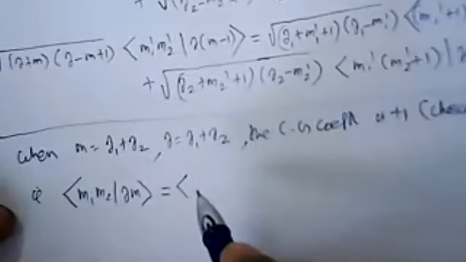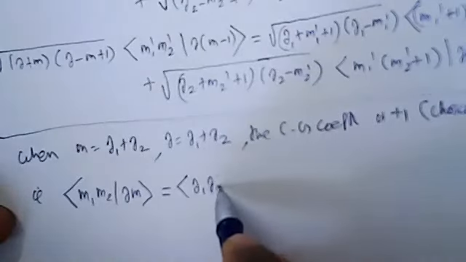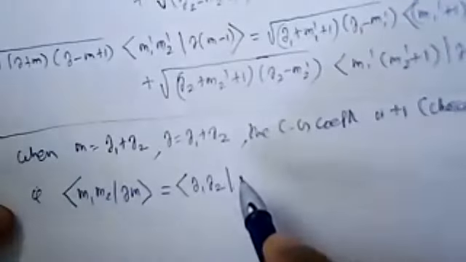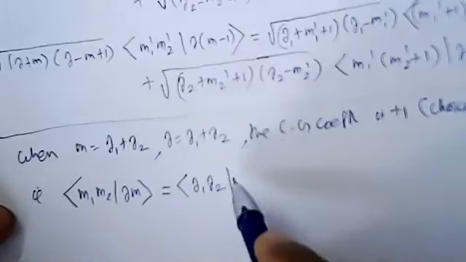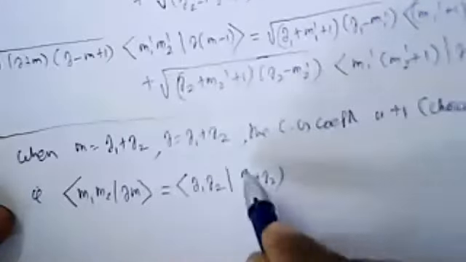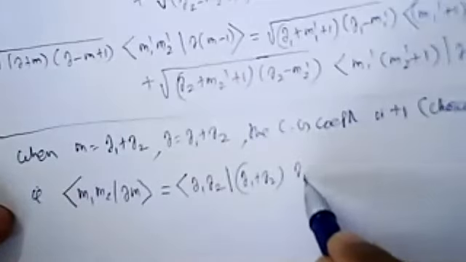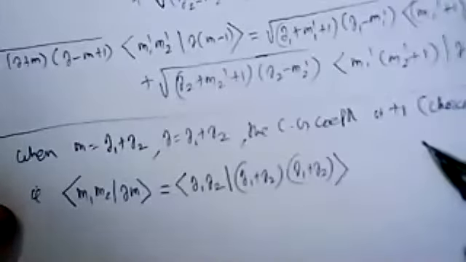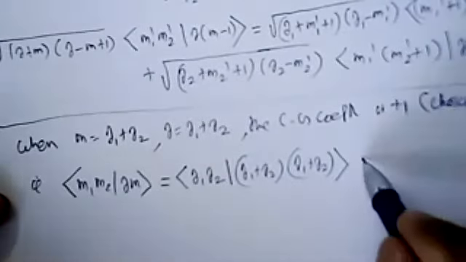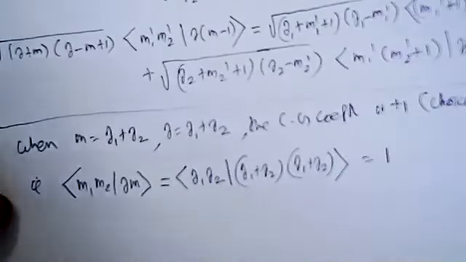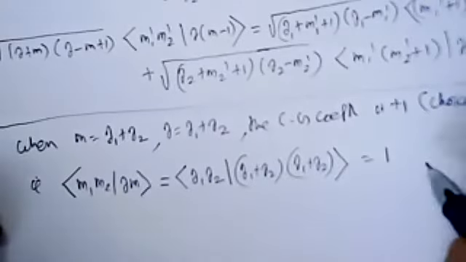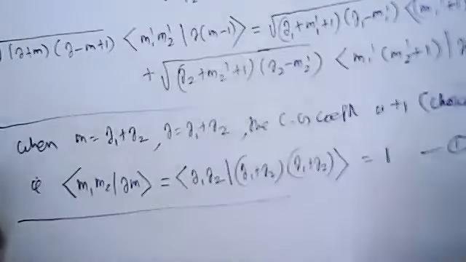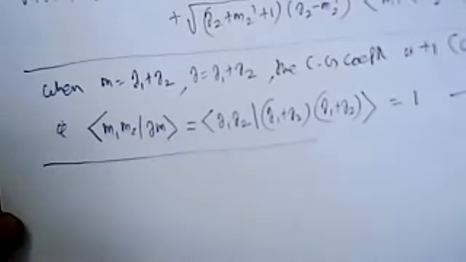So here J is J1 plus J2, and M is J1 plus J2. This is the Clebsch-Gordan coefficient in the case of the stretched state, which is 1. So that is equation number 1. I think that is clear.